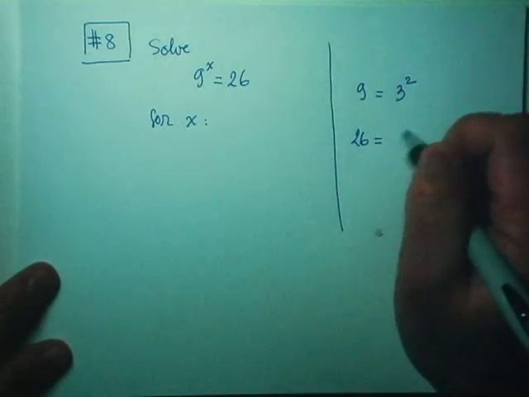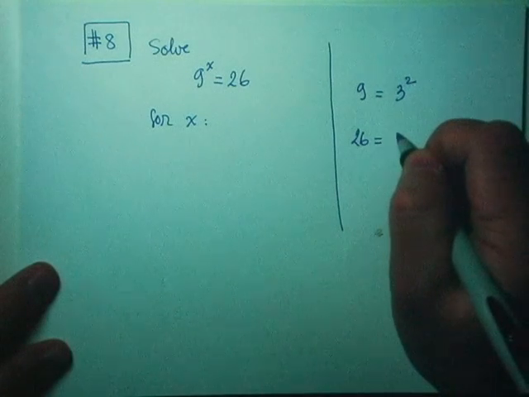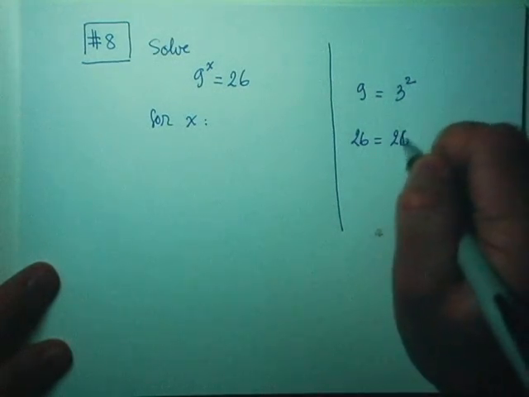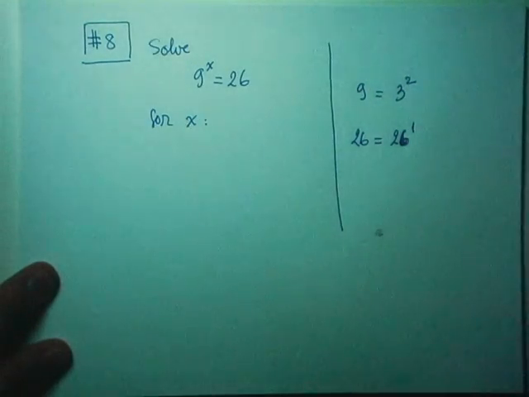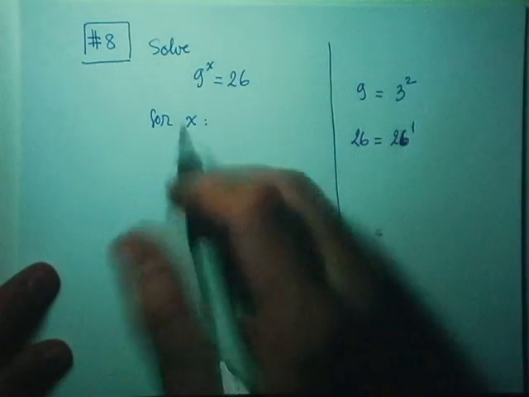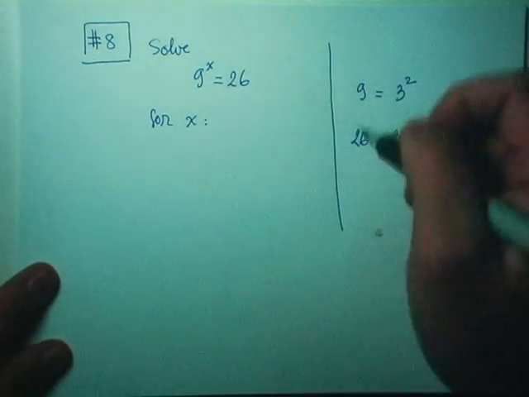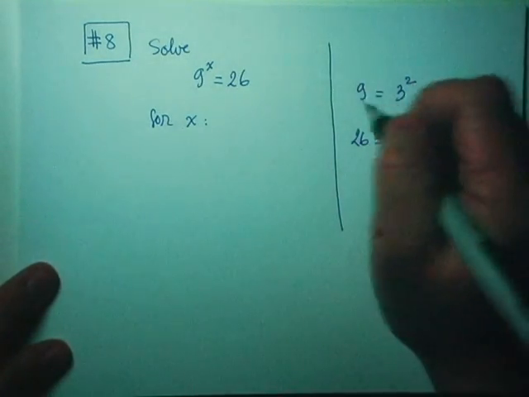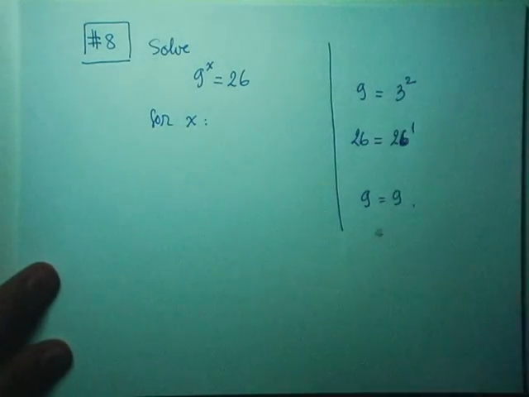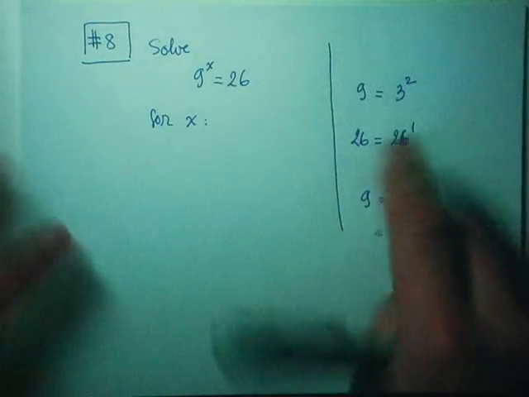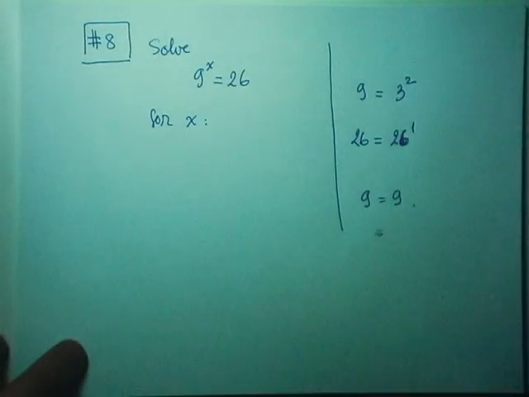So 26 itself is 26 to the first power, and you cannot find any smaller base for that. Or you can just simply leave 9 to the x equals 26. Because no matter what you try, you just cannot find a good common base.